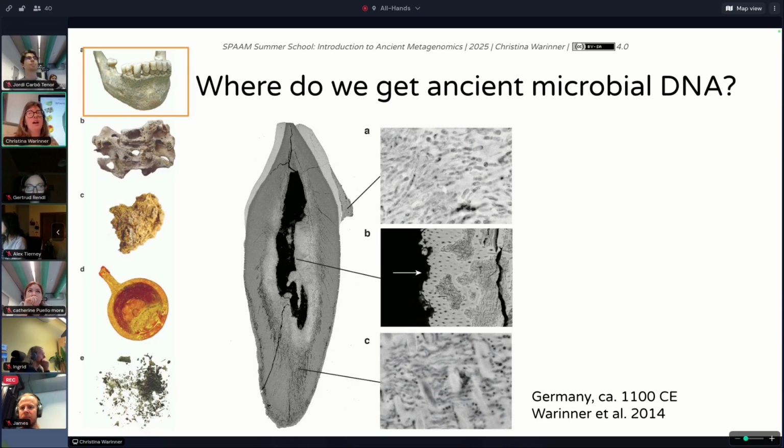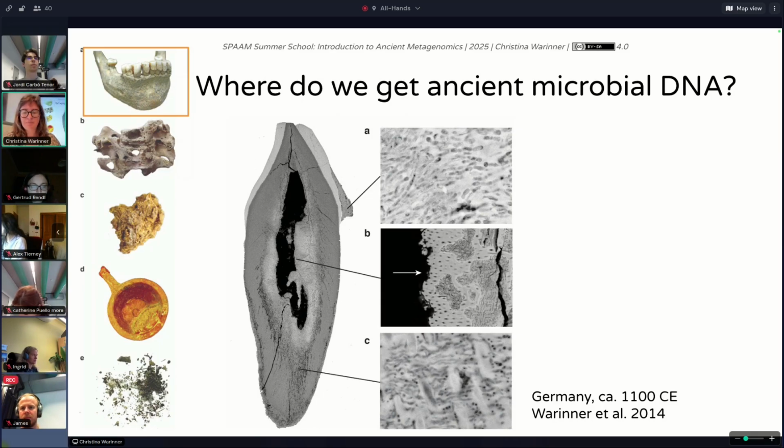And so if a person dies of an infectious pathogen that is bloodborne, such as a systemic fever, something like malaria, or Yersinia pestis, or any other acute infection, those pathogen genomes will be found within the dental pulp chamber. Now, after death, the pulp decomposes, but some of that pathogen DNA persists, and it smears along the walls of that cavity. And so we can selectively sample the walls of the inner pulp chamber to recover the pathogen DNA.